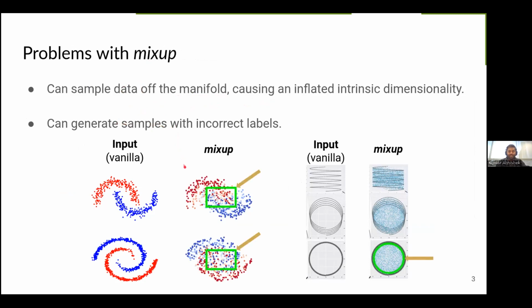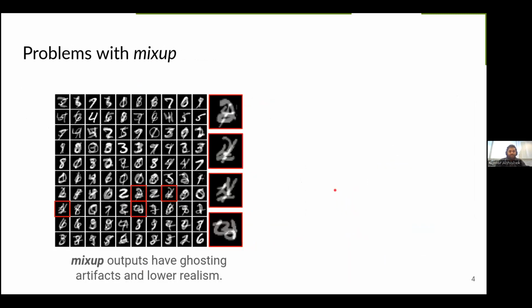For example, as we can see here in the outputs of mixup, the outputs do not respect the class boundaries of the red and blue classes. Similarly, with this 3D distribution, the outputs of mixup denoted by blue points are off the data manifold. The outputs of mixup also have a lower degree of realism and present ghosting artifacts, as can be seen here.